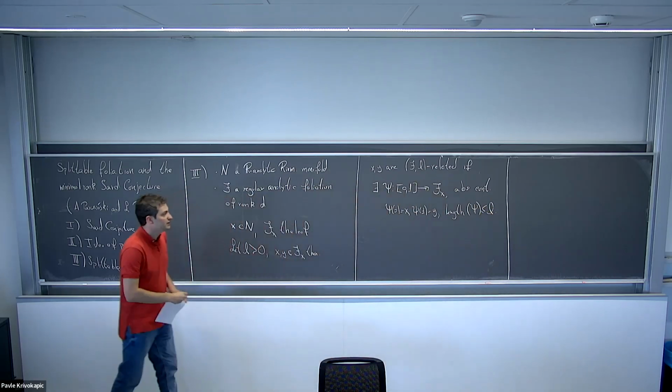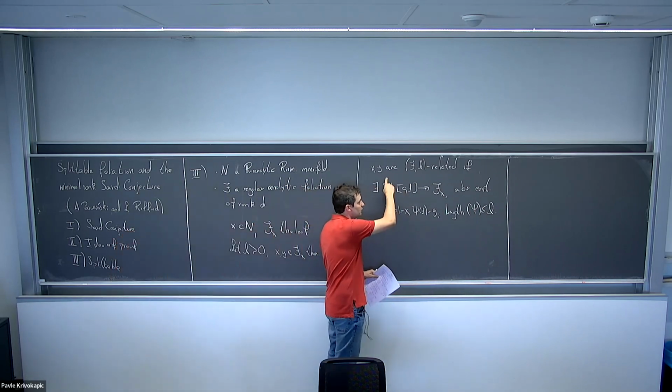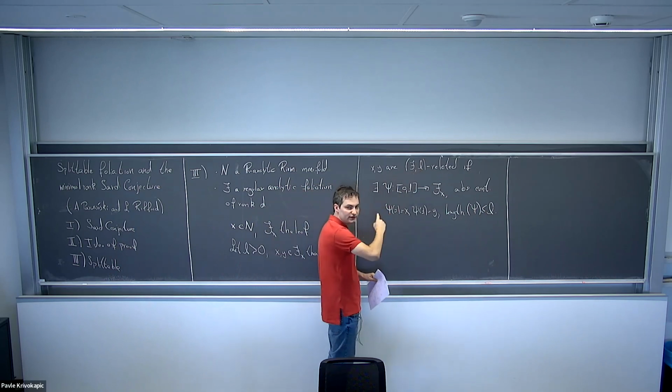And as we're going to see, what I want to study is a property of return. So I want to have a finite number of returns with a certain length.